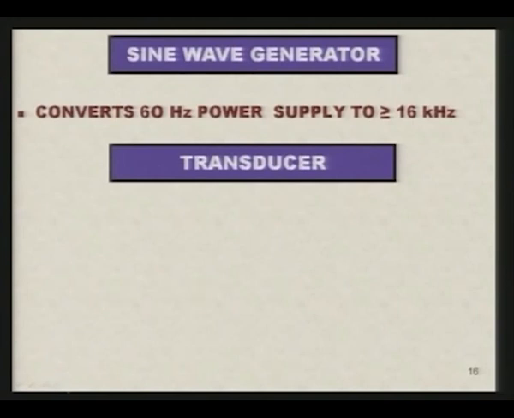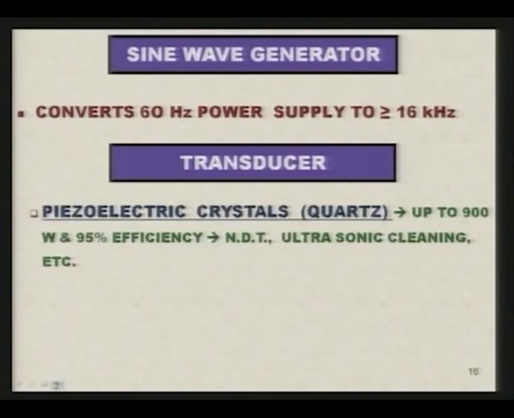Sine wave generator normally converts 60 hertz power supply, which we normally have in the labs as well as the houses, into the frequency having more than or equal to 16 kilohertz. For the transducer, there are piezoelectric crystals which can have power up to 900 watts, and the efficiency in this particular case is very high, that is 95% efficiency.